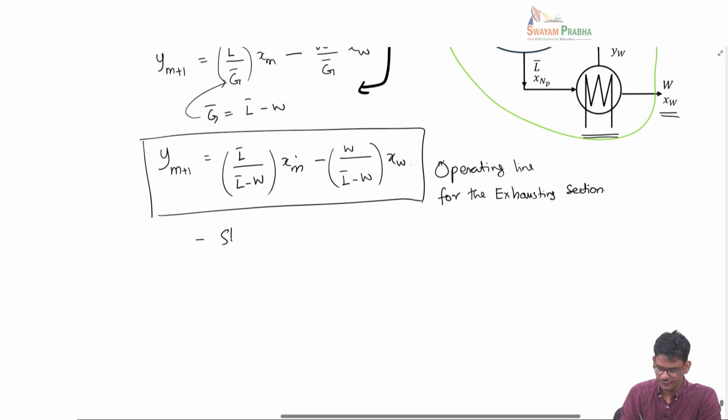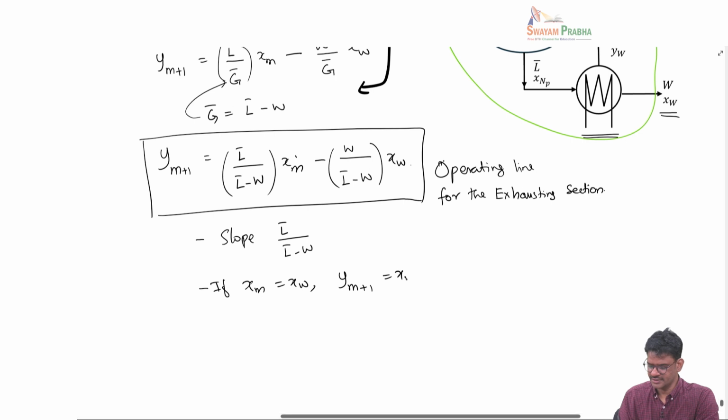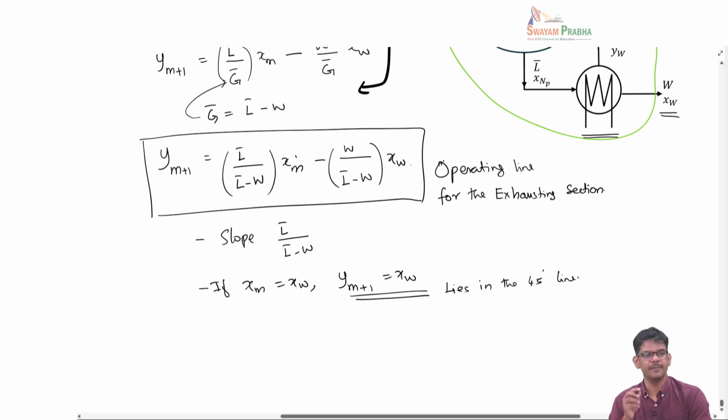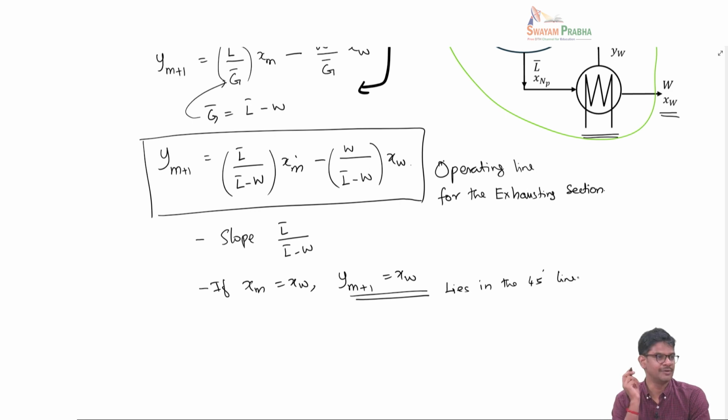It has a slope of L bar over L bar minus W, and if you substitute xm equal to xw, you will see that ym plus 1 is equal to xw. This point lies on the 45-degree line, meaning that this operating line for the exhausting section will also go through this 45-degree line corresponding to xw.